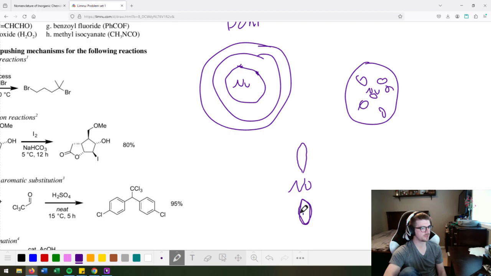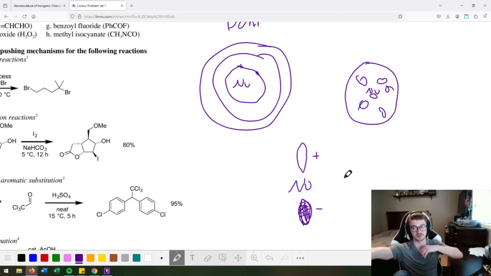And there are different phases to the electron density in this orbital. You could call this a plus phase and a minus phase. It's not talking about a charge. It's just a positive phase of the electron density and a negative phase of the electron density.